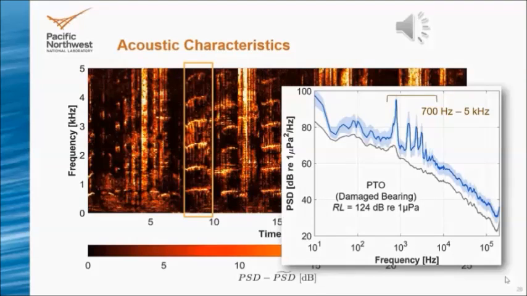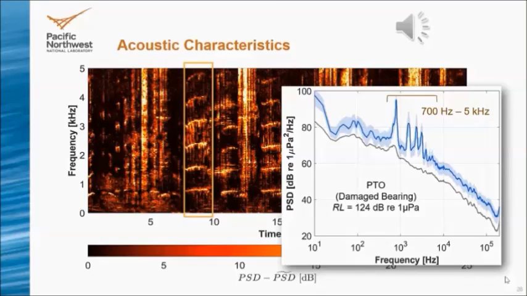Just keep in mind that even though that part is damaged and is generating some higher noise, it's still well below the thresholds of 150 and 153 for marine mammals and fish, and also well below the sound for shipping.